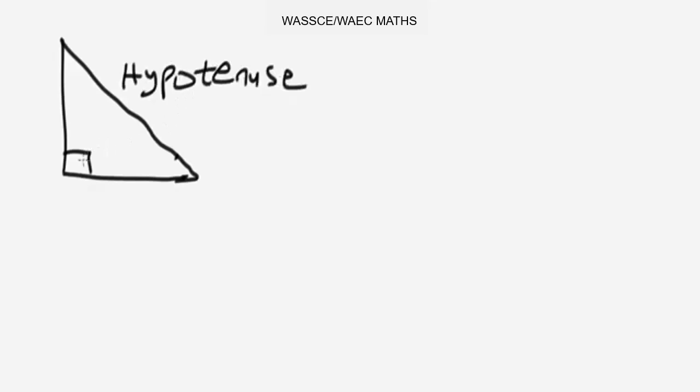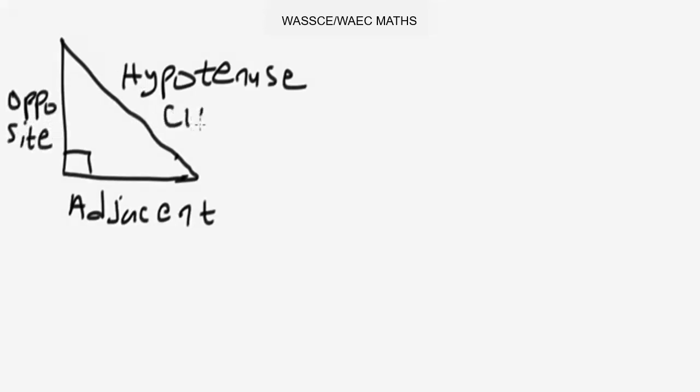The side below, the base of the triangle, is usually called the adjacent, whereas this side is usually the opposite. The short forms are capital H, capital A, and capital O.